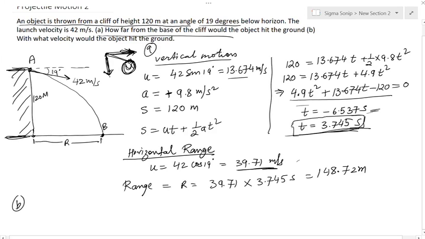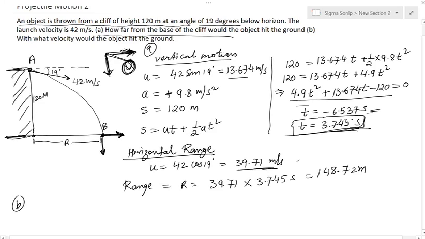Now at the landing point, we can also calculate two components of the velocity: a horizontal component and a vertical component.